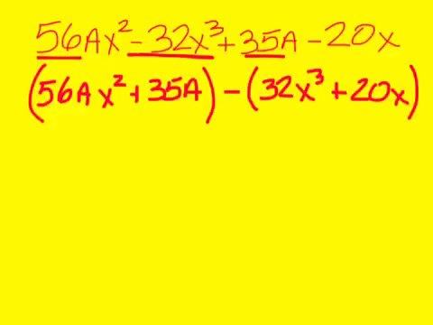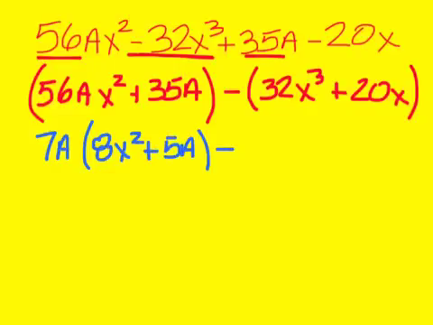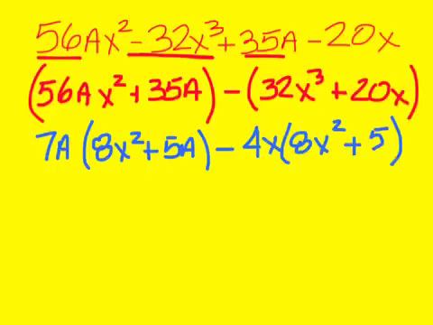Okay, next I can take out a 7a from the first set and be left with 8x squared plus 5a. And on the second set, I can take out a 4, looks to me like a 4x, and be left with 8x squared, and then plus just 5.